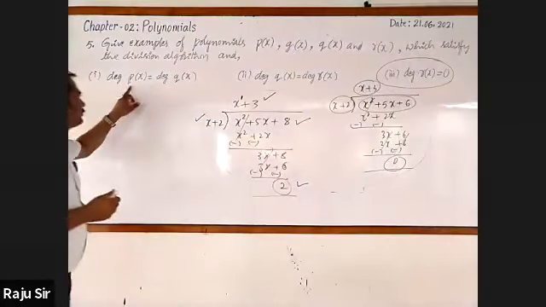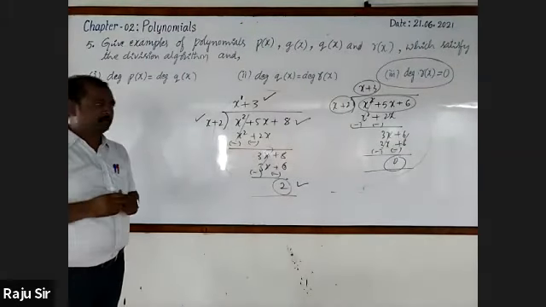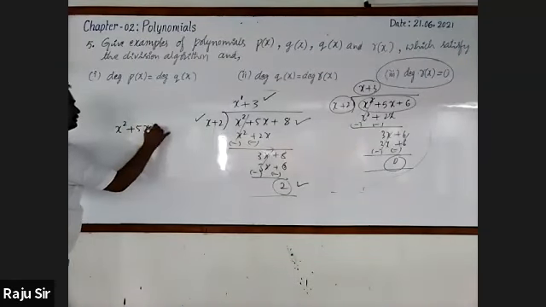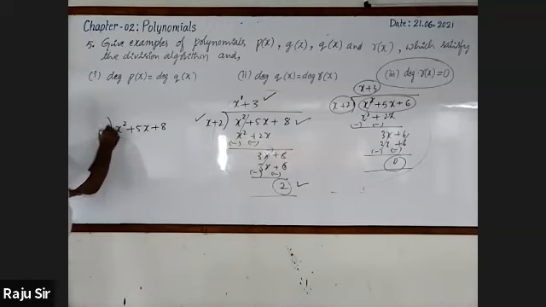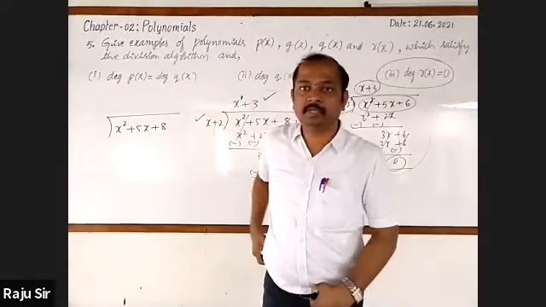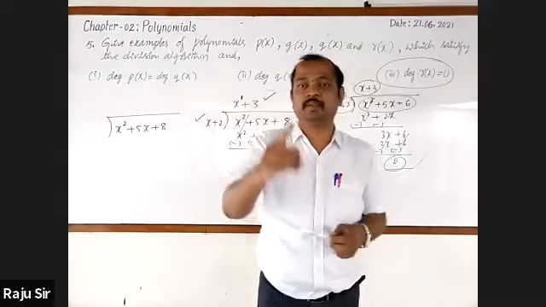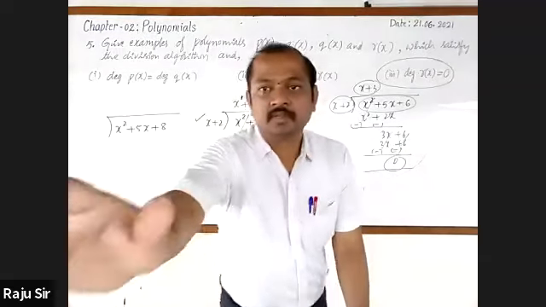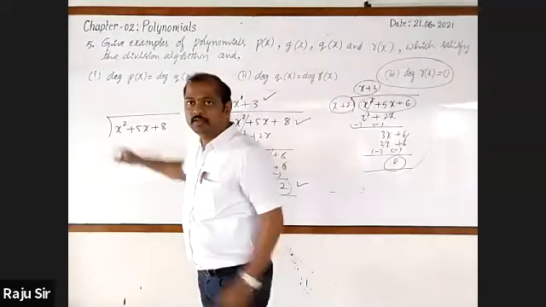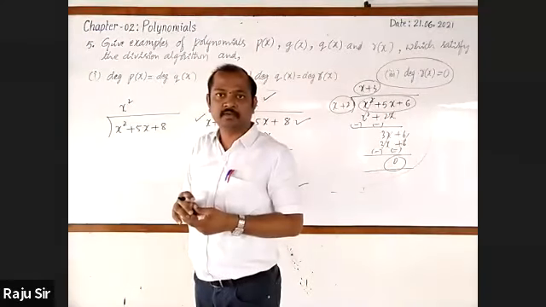So if you want to take the polynomials which satisfy this condition, how should they be? Look at degree of p of x is equal to degree of q of x. Let me take the polynomial x square plus 5x plus 8. I want the polynomial having the same degree. Very good. The degree should be the same, so I should take x square only.